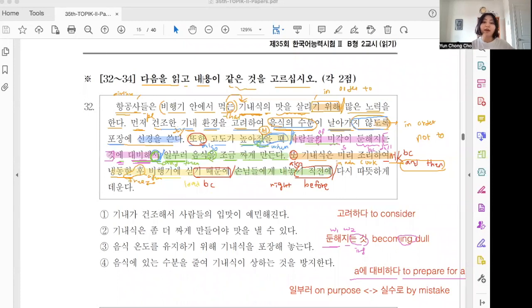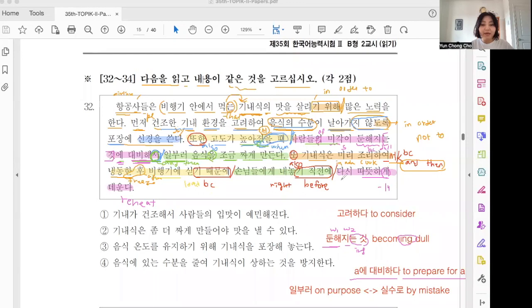right before they, 내놓다, take it out to the customers, 데우다, reheat. They reheat the food, 따뜻하게, 게, ly, adverb.